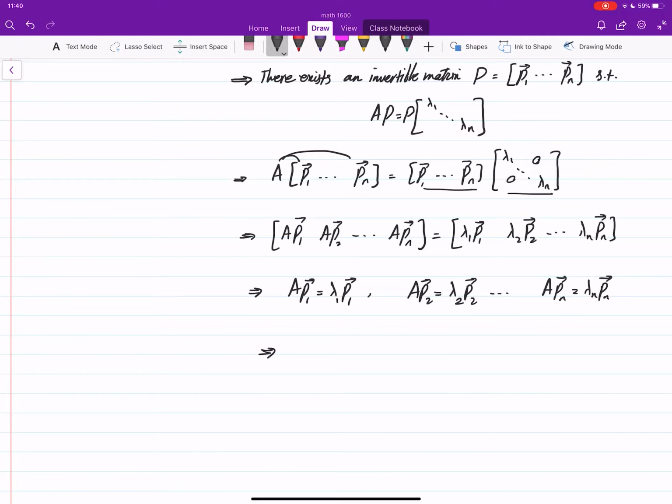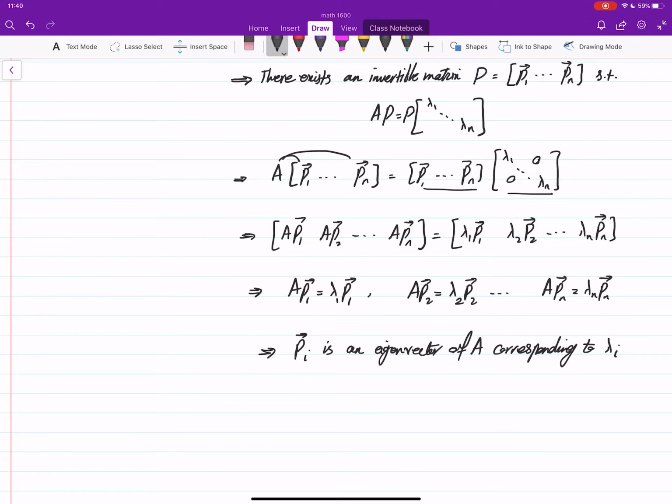This means that Pi, the ith column of that invertible matrix, is an eigenvector of the matrix A corresponding to the eigenvalue lambda i, exactly in the same order you put them in the columns.